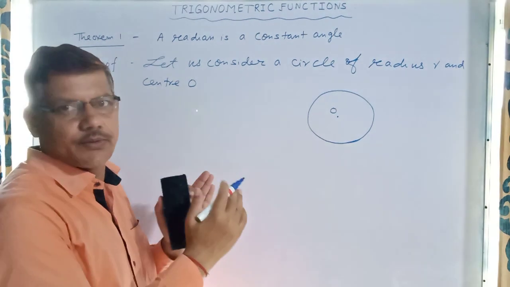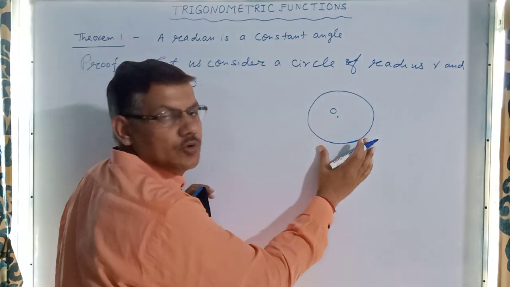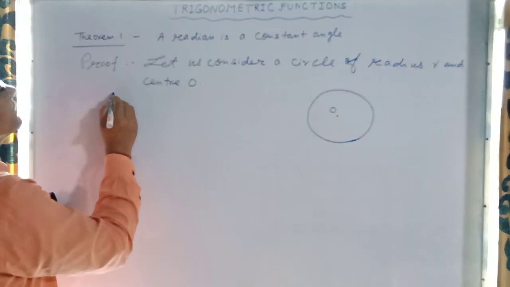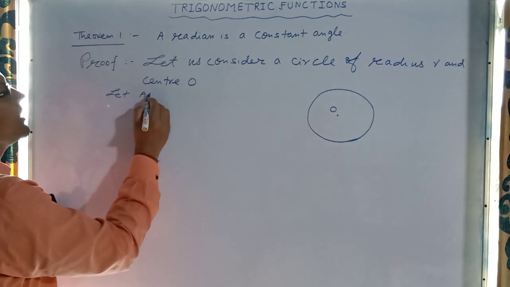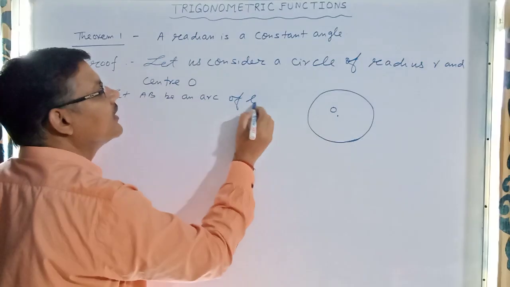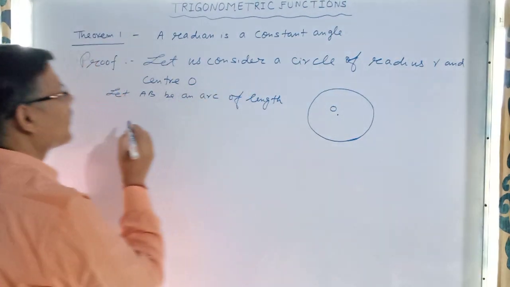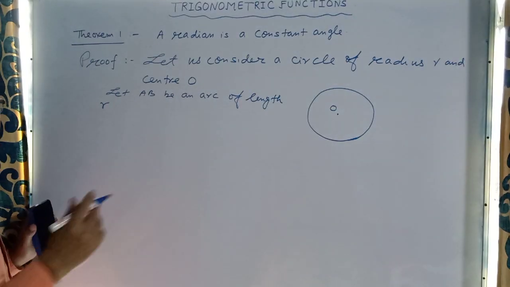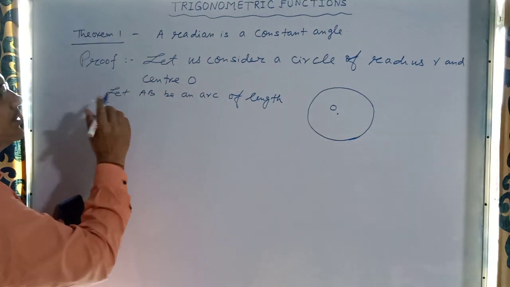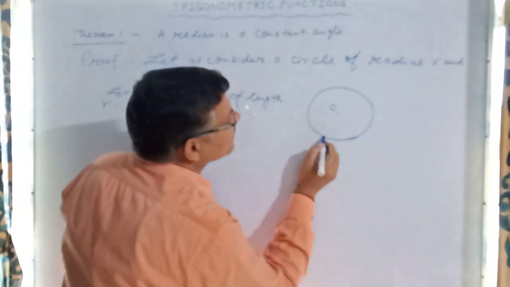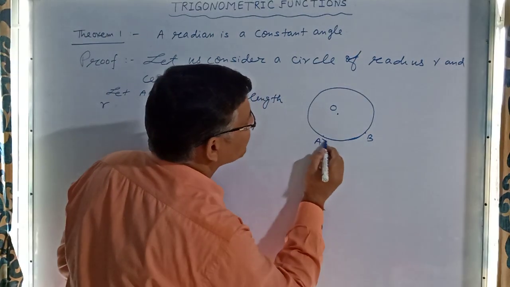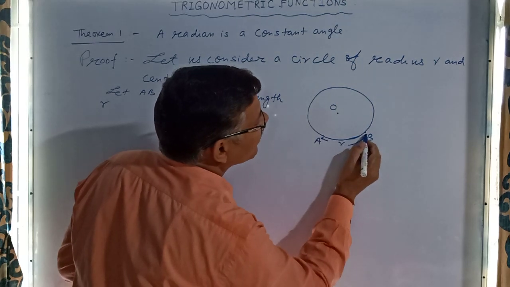So we are required to take an arc on this circle whose length is equal to the radius of the circle. So let AB be an arc of length r units. To get a measure of 1 radian we are required to take its length r units. So this is A and this is B such that its length is r units.